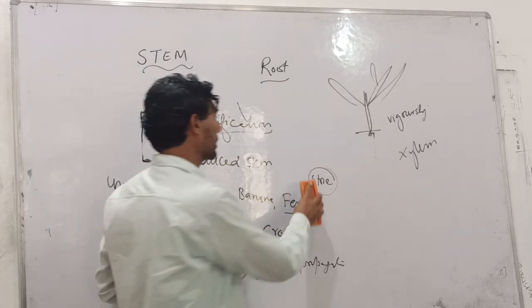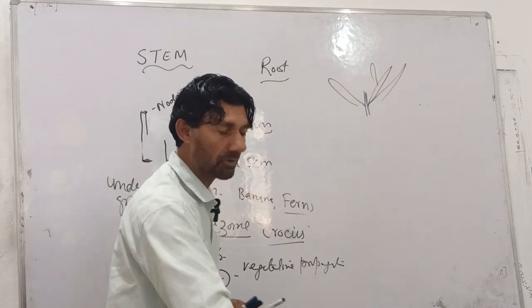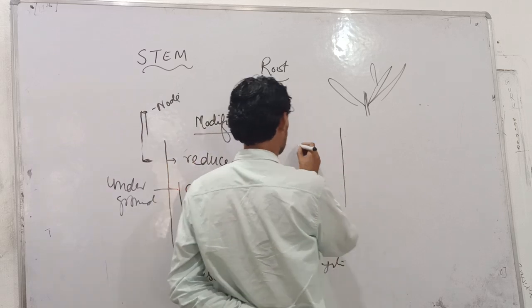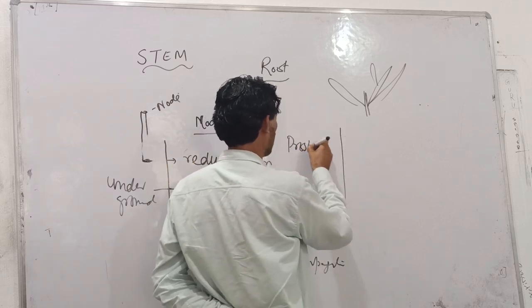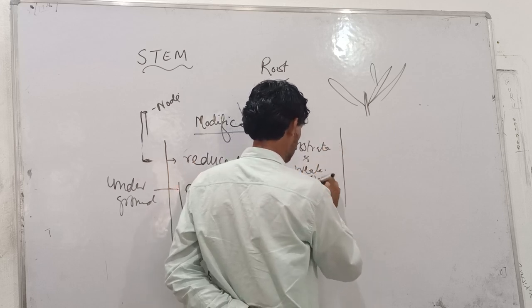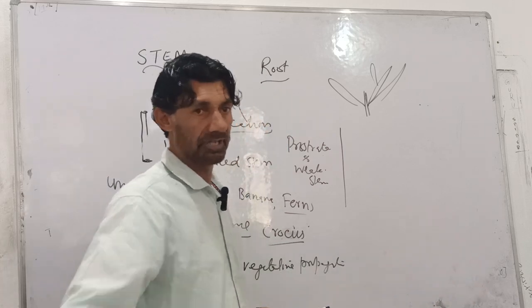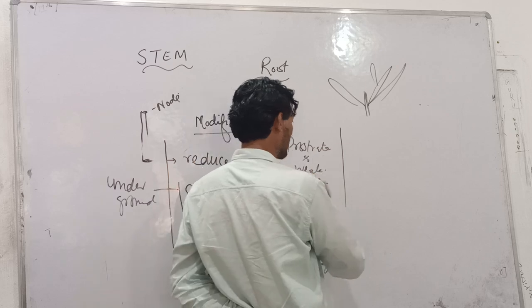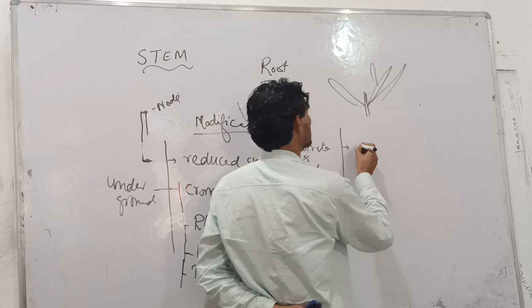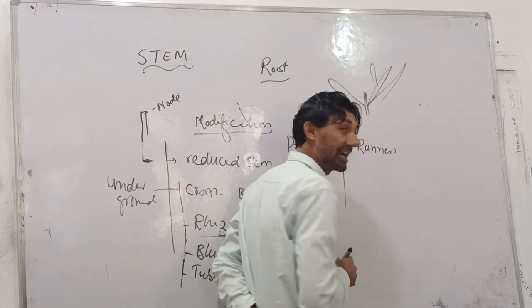Next are prostrate and weak stems, which are crawling. Prostrate and weak stem. These are called as runners.